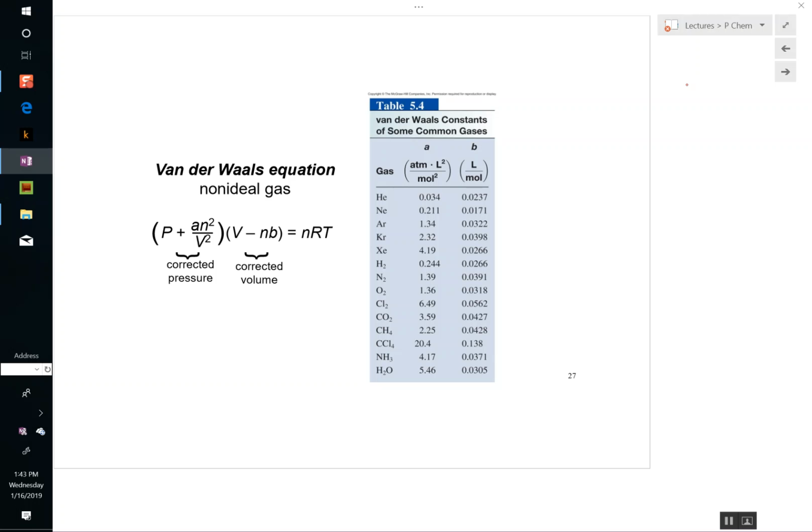It has a very high A, minimal B value that's going to adjust this equation. We'll pick up with this on Friday, and we'll do an example.